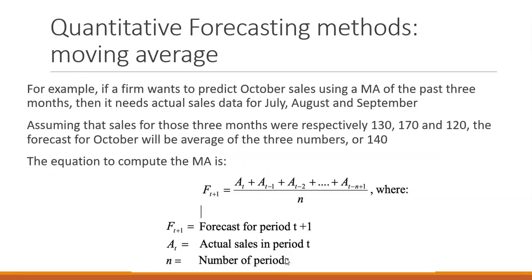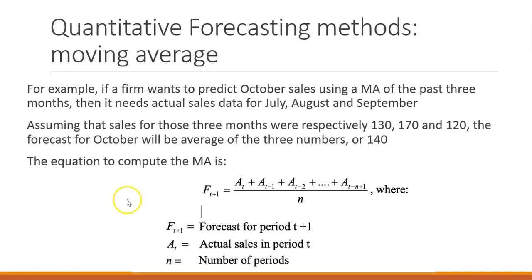So looking at this October example again, if we forecast October sales using a moving average of the past 3 months, we need the actual sales data for July, August, and September. Assuming that sales for those 3 months were 130, 170, and 120, we would add those three together and divide by three, the number of periods, giving us a forecast for October of 140.